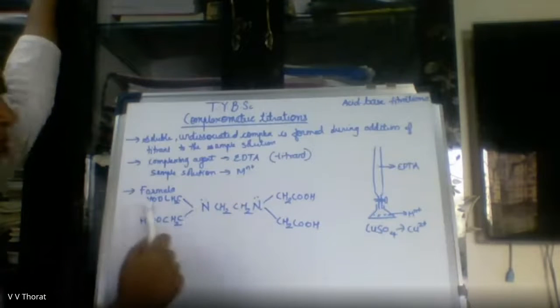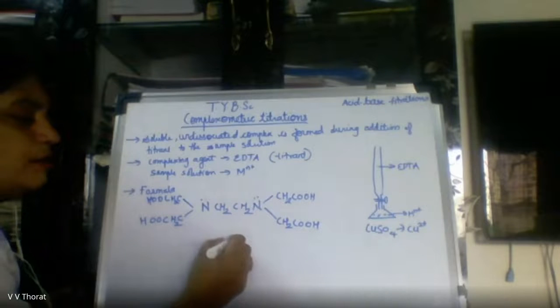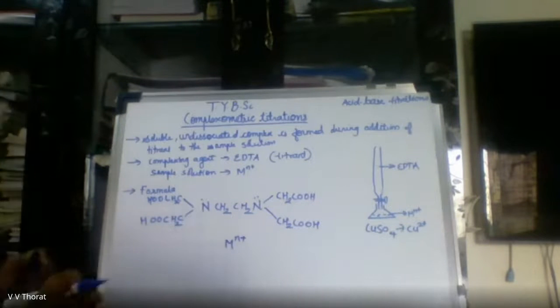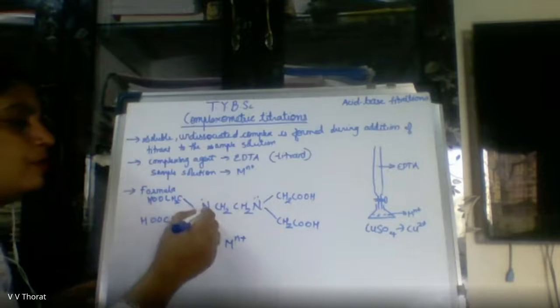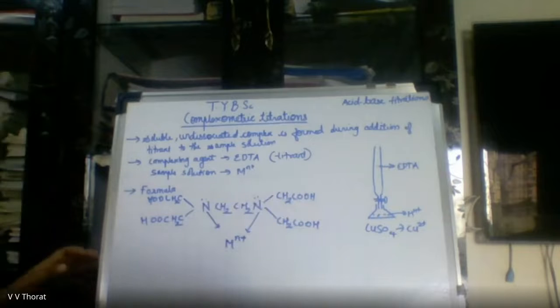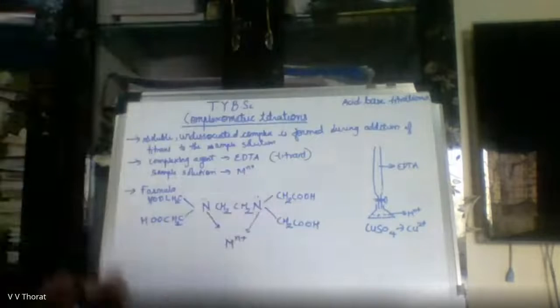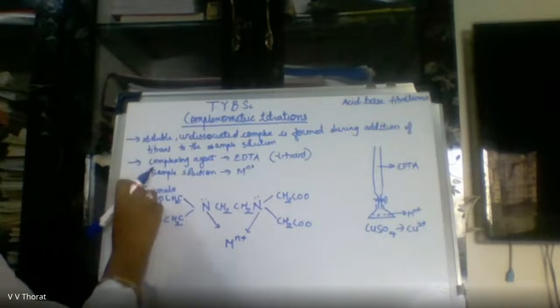Now listen. This ethylene diamine tetraacetic acid, when it coordinates to your metal ion, will coordinate through these two nitrogen atoms, and it will coordinate through four oxygen atoms.